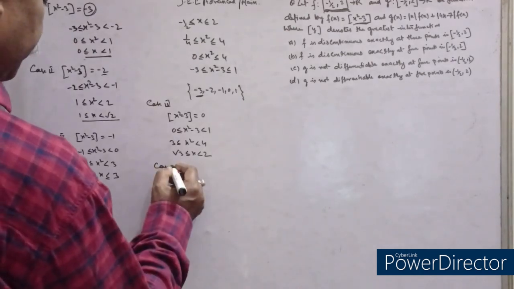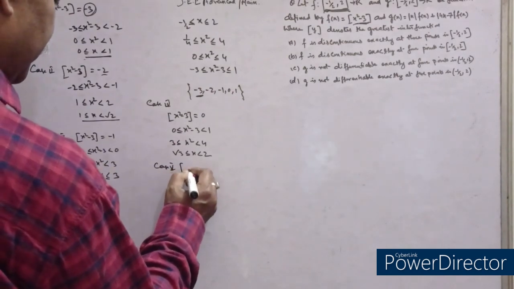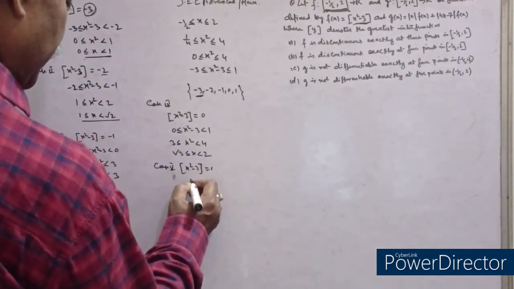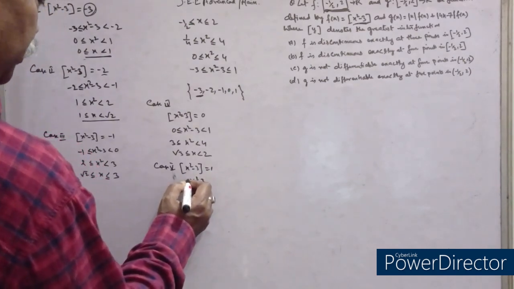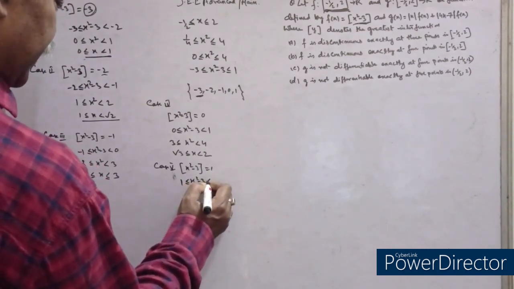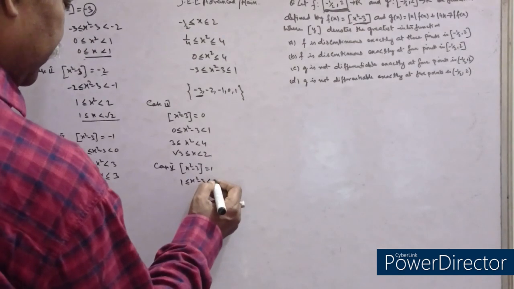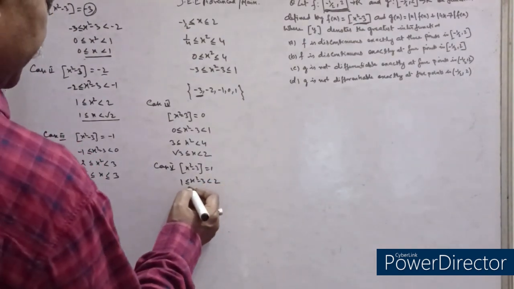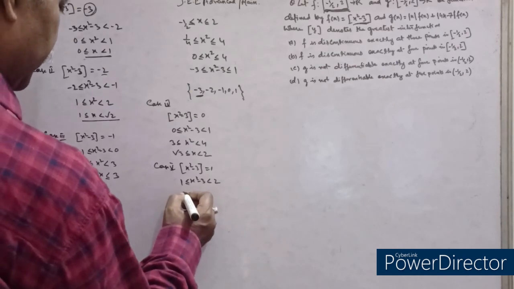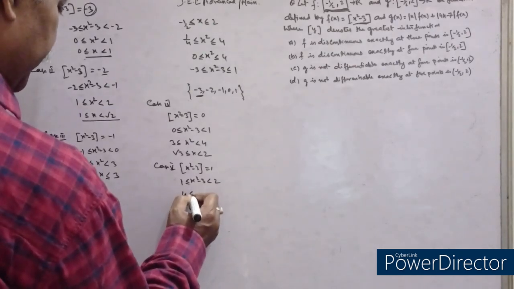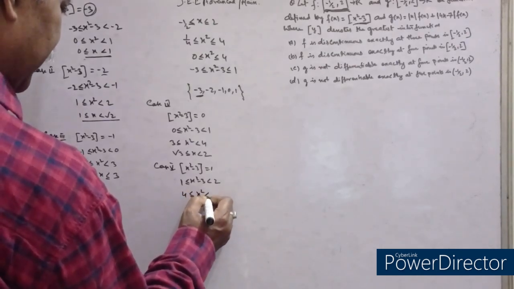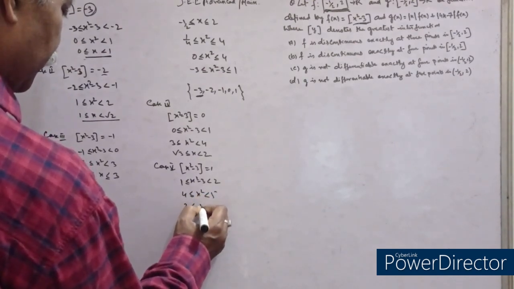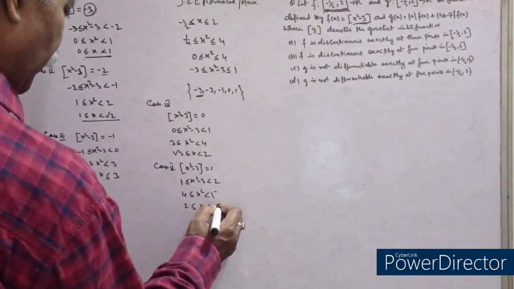Now case 5: here the greatest integer of x² minus 3 will be 1. So your x² minus 3 will be greater than or equal to 1 and less than 2. If we add 3 to both sides, 4 less than or equal to x² less than 5, so 2 less than or equal to x less than root 5.